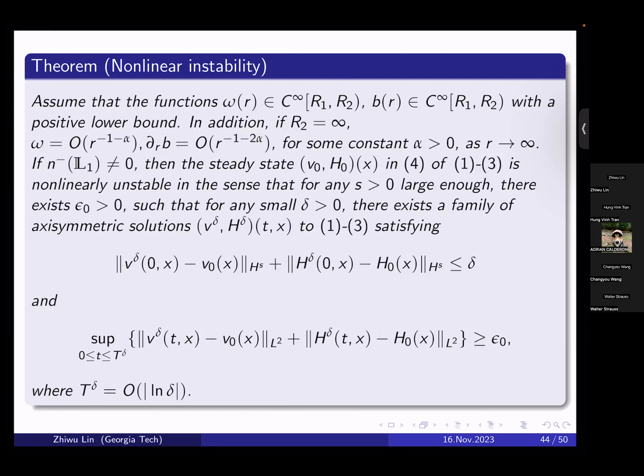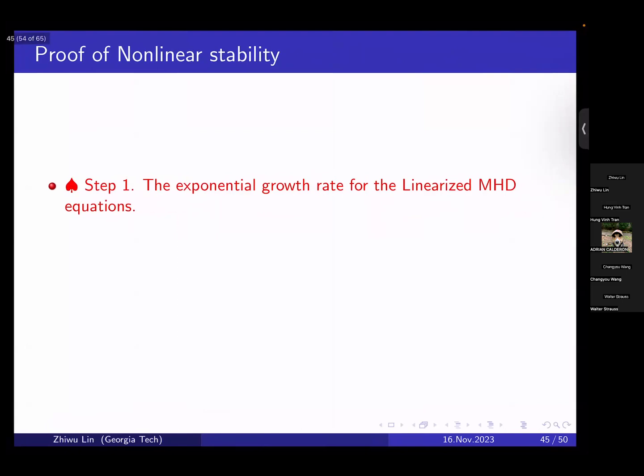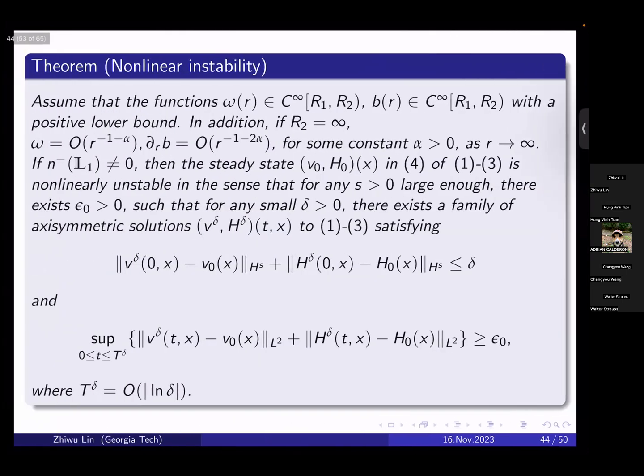In order to prove this, we use the approach of Grenier. The approach is to construct higher order approximate solutions. You try to make the error term of a higher order, because for the MHD problem, the nonlinear term has a loss of derivative, right?